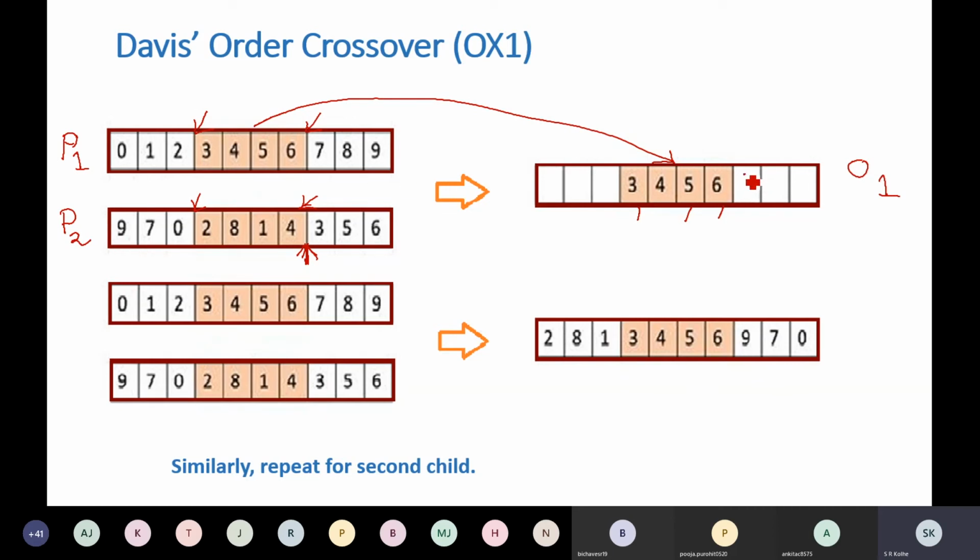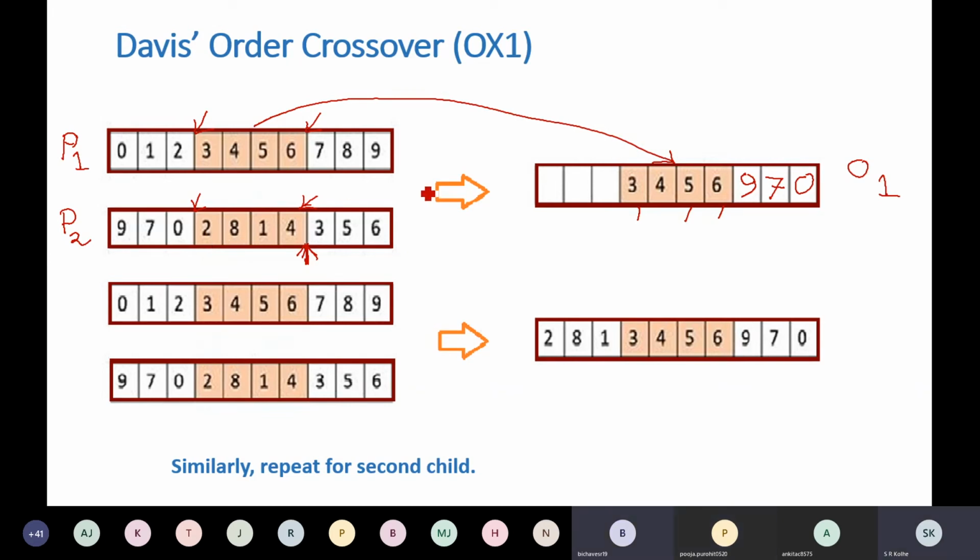Okay. So here you are going to copy. Next is 7. 7, is it used here? No, sir. So it is unused, so copy it. 0, is it unused? Yes, sir. So copy it. Then 2. 2, is it used or unused?